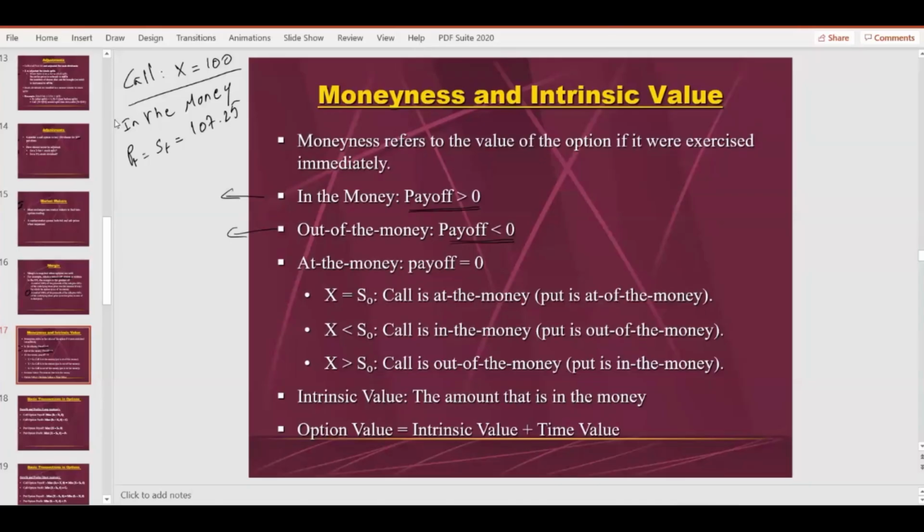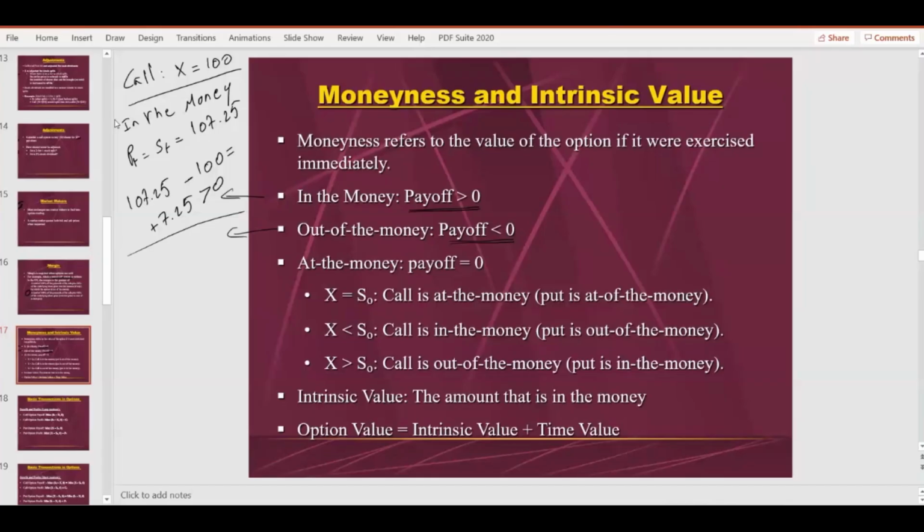In this case, if you exercise the option, you have the right to buy at 100. So you buy at 100 and you sell at 107.25. So you have a profit of 7.25, or a positive payoff of $7.25 per share. This is greater than 0, so I can say that this call option is in the money.